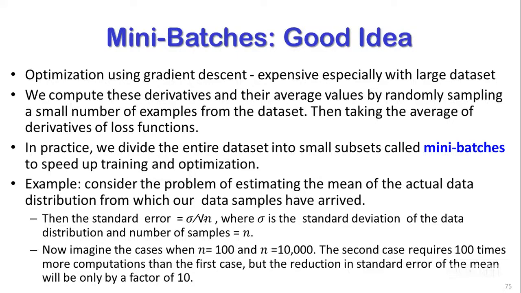So the difference in performance is only a factor of 10. But to get a factor of 10 in performance, we need to run it 100 times. You can understand, to get 10 rupees, we need to spend 100 hours, like that. So that is how we say that mini batches will work well.